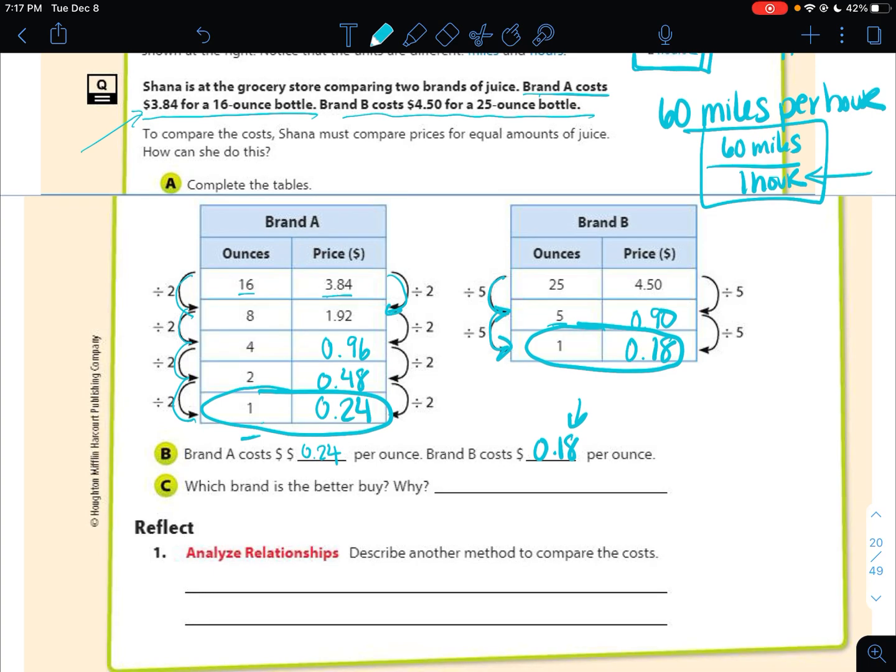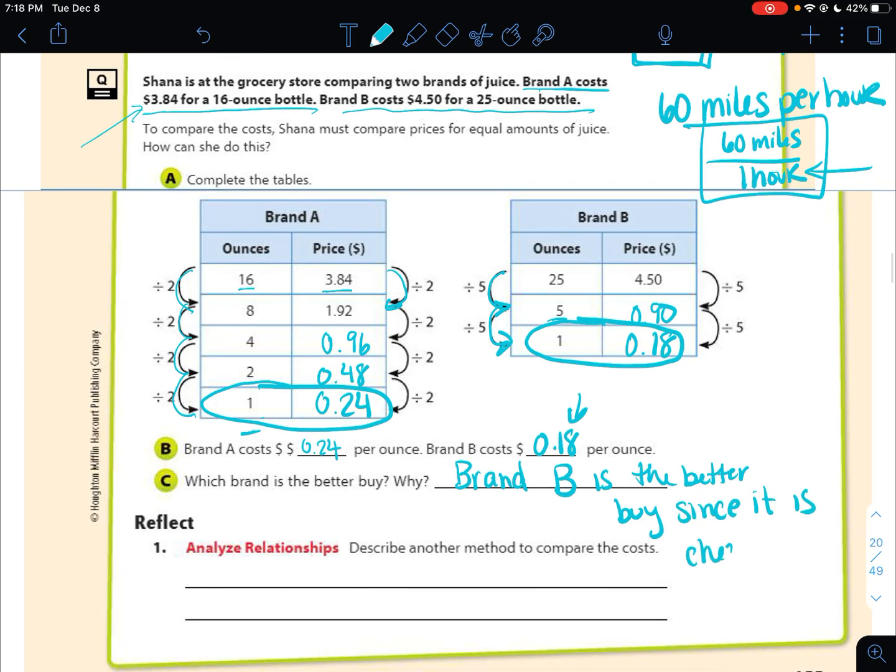So the better buy is brand B. Brand B is the better buy, I guess we should say, because that's what it's asking, since it is cheaper per ounce.